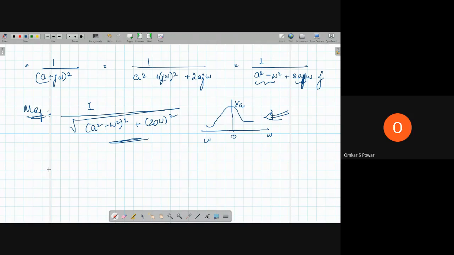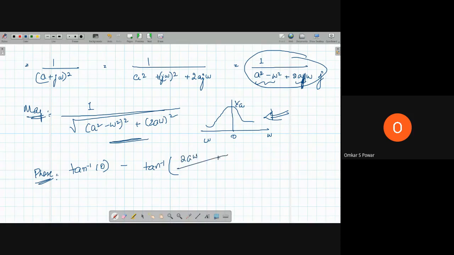Then the phase. How can you calculate the phase in this type of problem? It is the phase of the numerator, tan inverse of b by a, which is 0, minus tan inverse of the denominator. So what is b here? It is 2aω divided by a² minus ω², because of the a plus jb form.